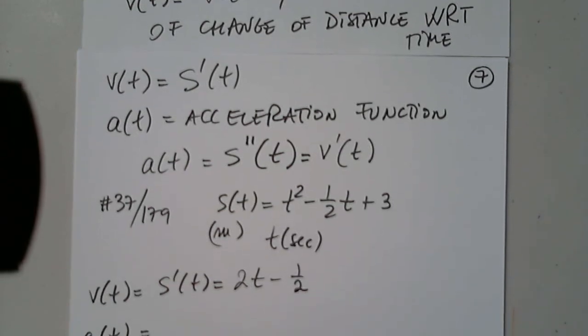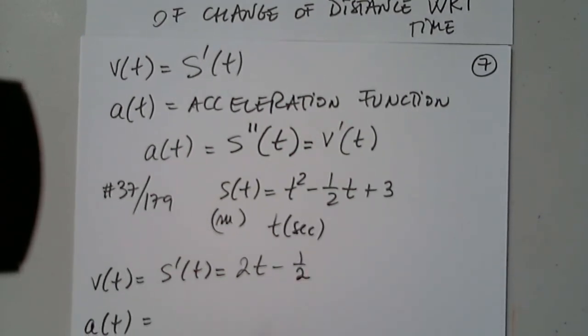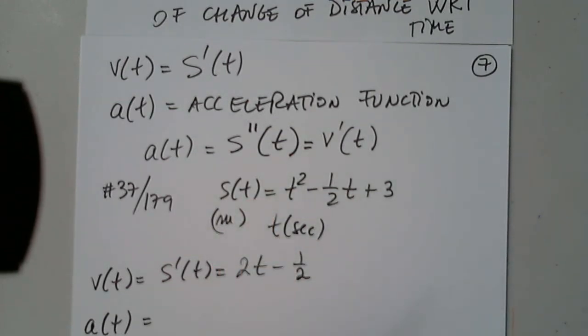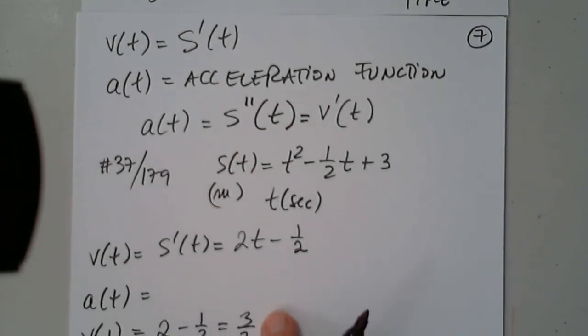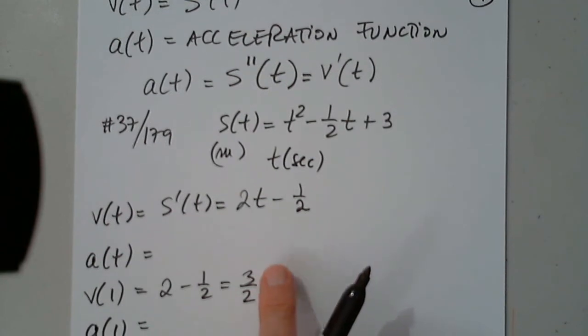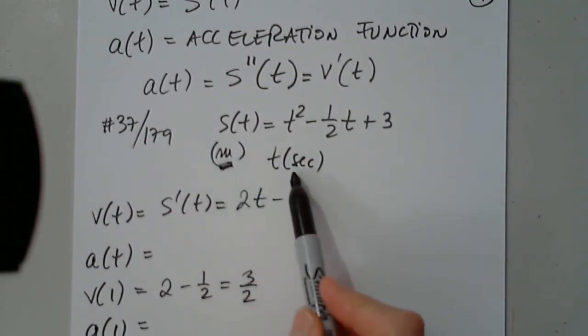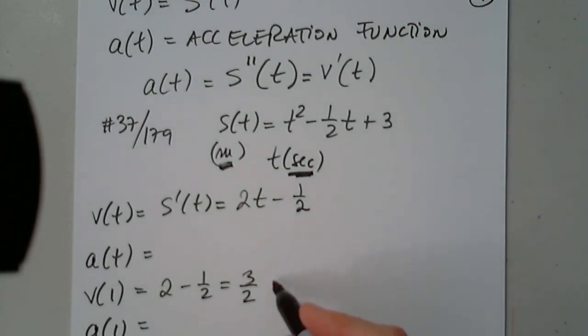Very good. Awesome. And if I want to determine v of 1, I have 2 minus 1/2, which is 3/2. What is the measurement unit? This is a rate of change of distance with respect to time. What will be the measurement unit at 1 second? Meters per second. Excellent. Awesome.